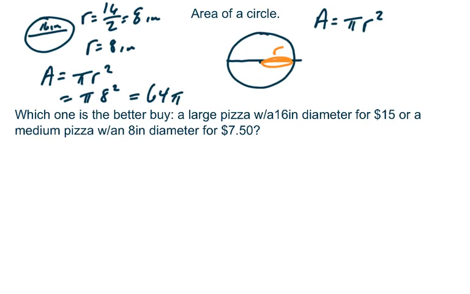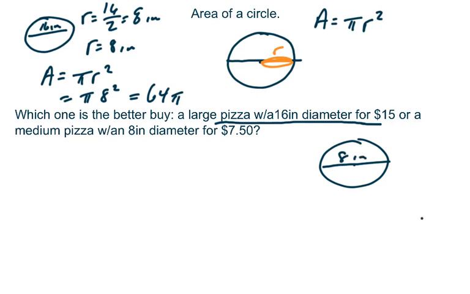Okay, so I did that first pizza right there. If you look at that, that first pizza has a diameter of 16. So let's go ahead and do the second pizza. The second pizza has a diameter of 8 inches. So I want that radius, so I cut that 8 in half and I get 4 inches.